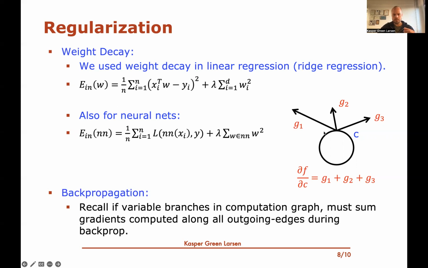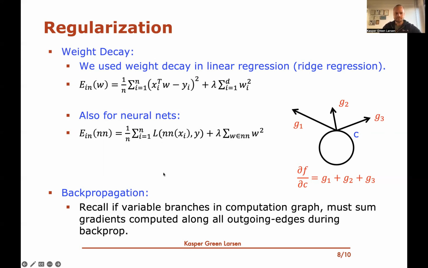You can also, if you remember the computation graph when we talked about it, if nodes were branching, so some parameters sent to multiple places in the computation graph, then backpropagation will compute partial derivatives on all these edges that go out of this node C. And then we had the special rule that if we had multiple outgoing edges, you had to add up all these partial derivatives you computed on the edges.